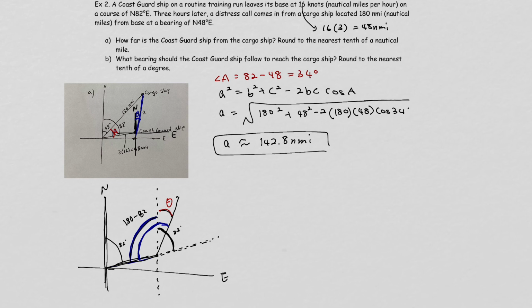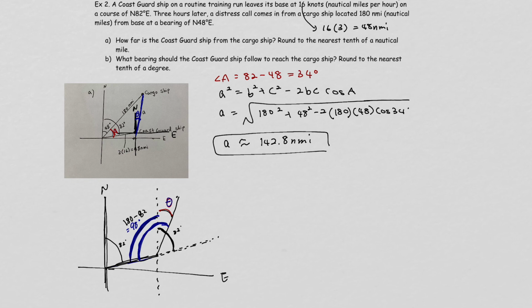So from here to here is going to be 180 minus 82, which is going to be 98 degrees. So this is 98 degrees. So now if we can find this angle and subtract 98 degrees, then that gives you the theta angle.